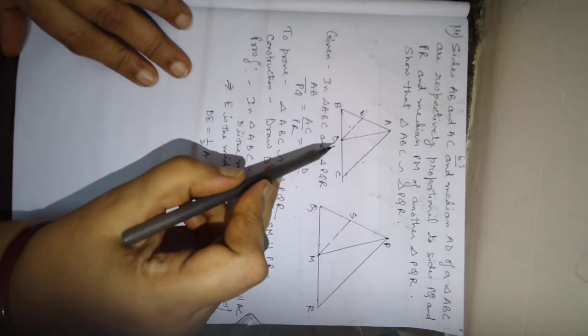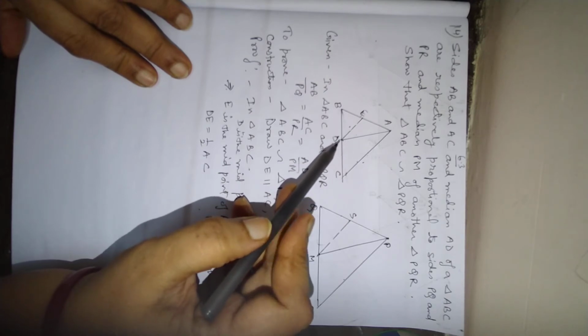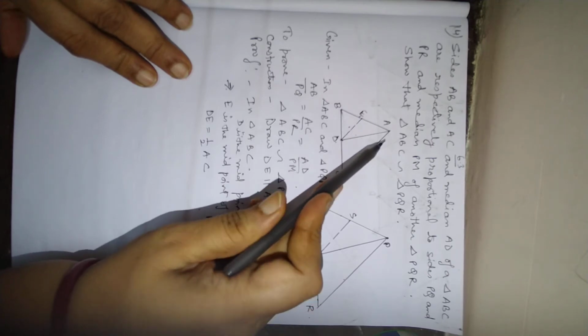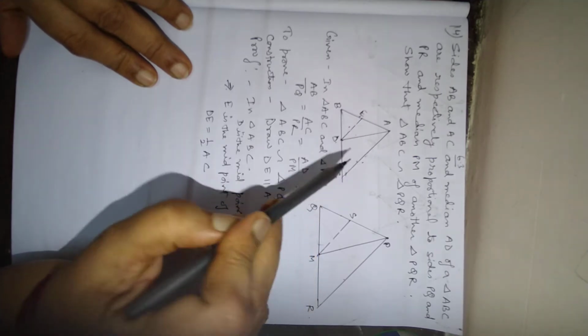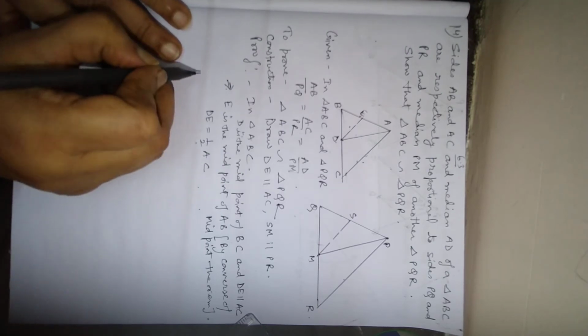By midpoint theorem, the line drawn from the midpoint of one side of the triangle parallel to the third side is half of it. So ED is equal to half of AC also.